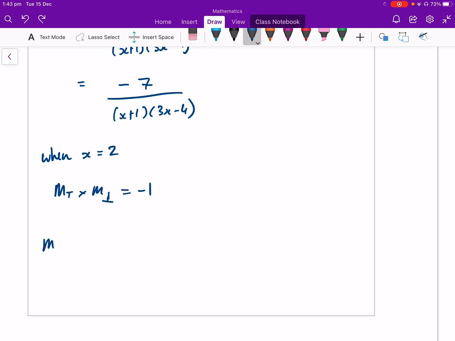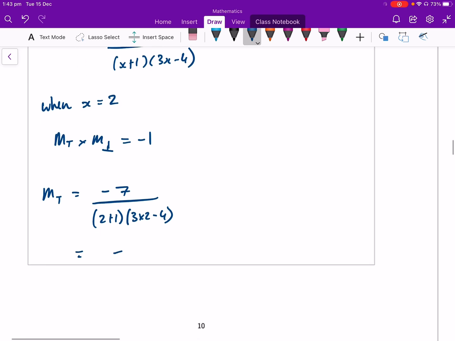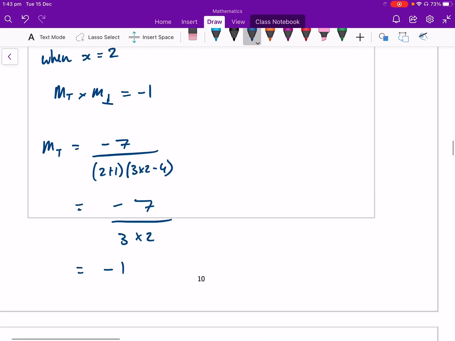So m of the tangent here would be negative 7 over (2 plus 1), and then I'll have 3 times 2 minus 4. So I'll have negative 7 over 3 times 2, so negative 7 on 6. I'll just fix that up, negative 7 on 6.